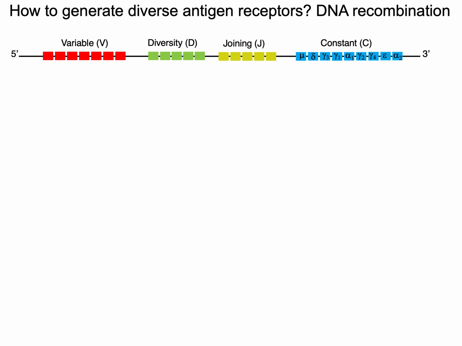In the bone marrow or thymus, antigen receptors undergo a process of DNA rearrangement, whereby one of the variable, one of the diversity, and one of the joining gene segments are randomly selected and recombined together to create a coding region that can combine with a constant region to generate an antigen receptor.